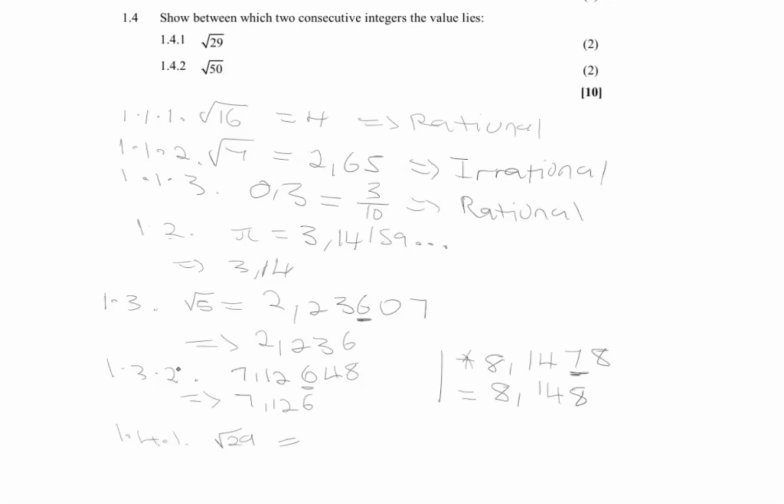We have agreed that to determine those 2 consecutive integers where this surd lies, you have to write the surd in decimal form. So the square root of 29 in decimal form is 5,39, rounded off close to 2 decimal places.